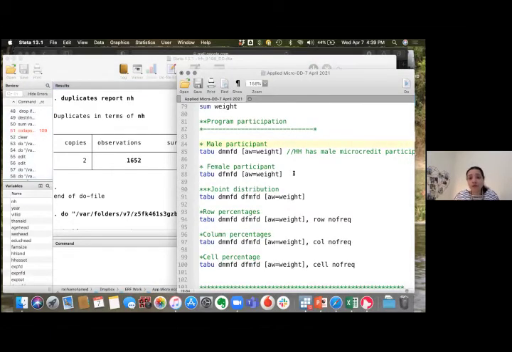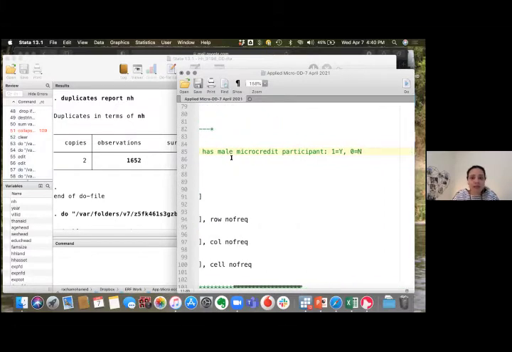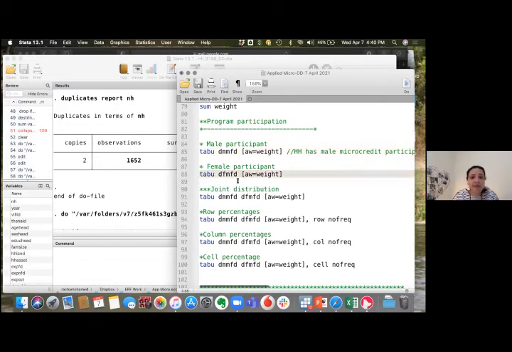Okay, so as we said, for the program participant, we had a male program and female program. The variable DMNFD is the variable reflecting if the individual is a male microcredit participant or not. And DFMFD is the indicator if the household has a female participant or not.